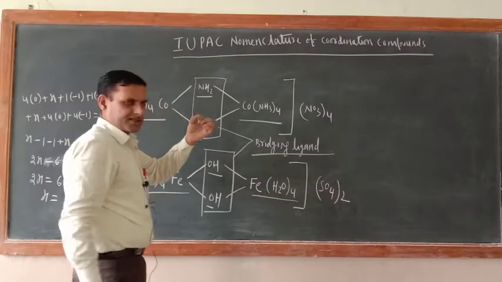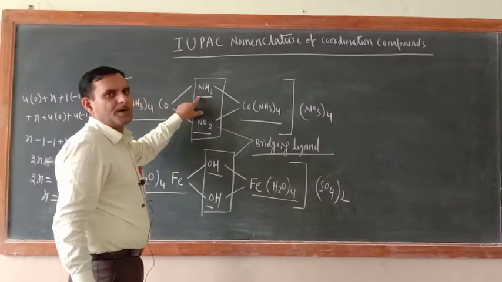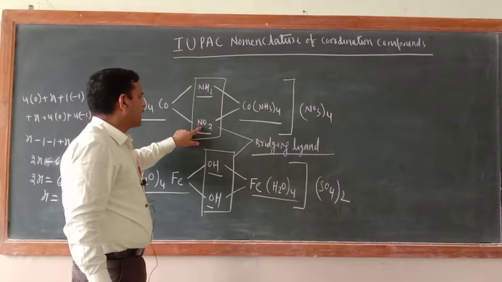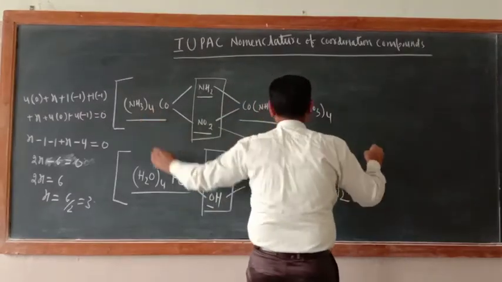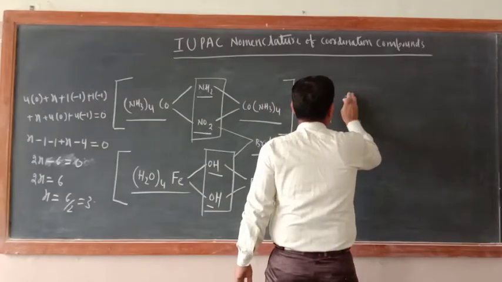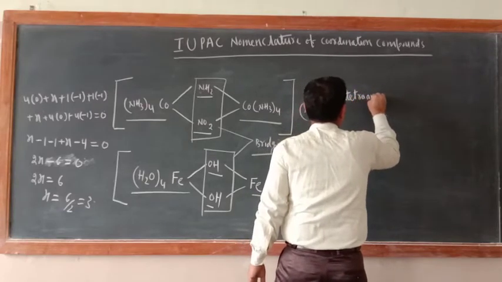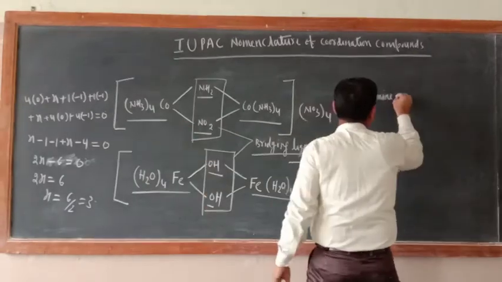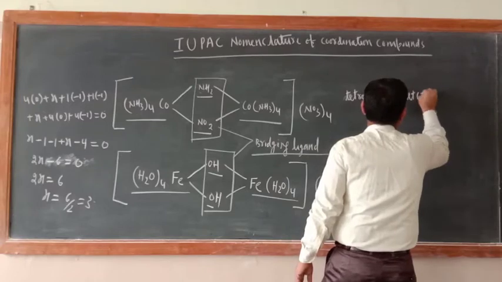Now this is the first thing. Second thing, when you are naming them, mu word should be added. Mu amido, mu nitrito N. Just see, I will name it. First start from here. Tetraamine, cobalt, third.